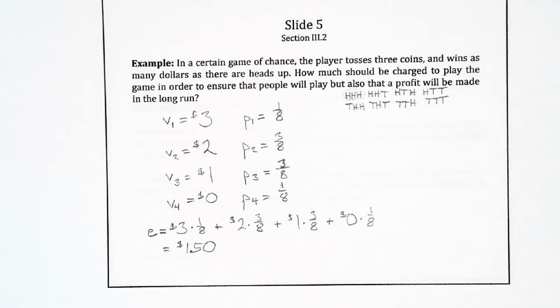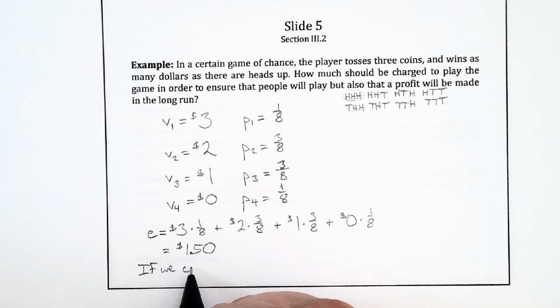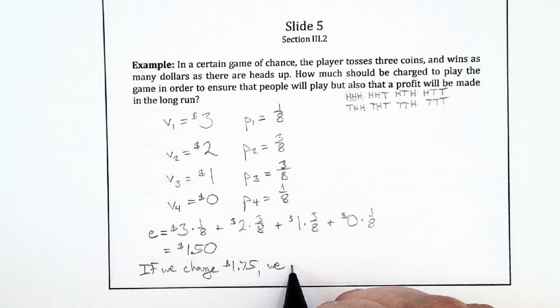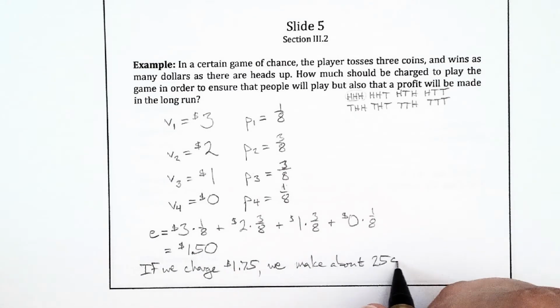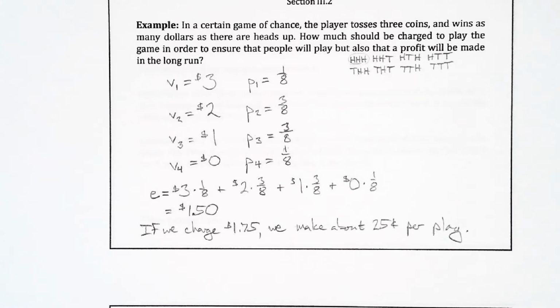So, we could say, if we charge, let's say $1.75, then we make about 25 cents per play. Okay, so this $1.75, that's a variable amount.